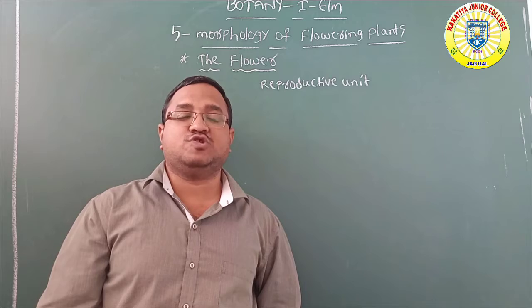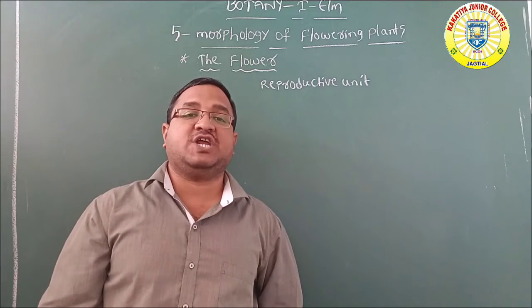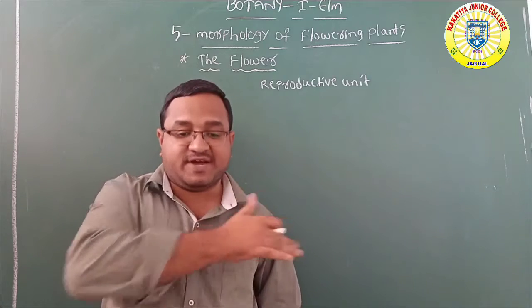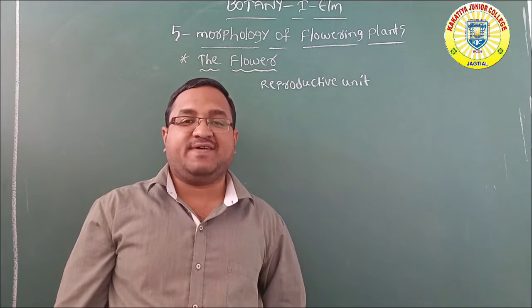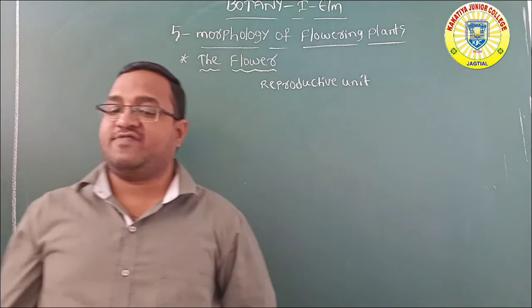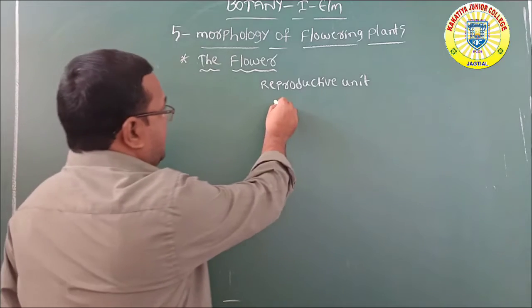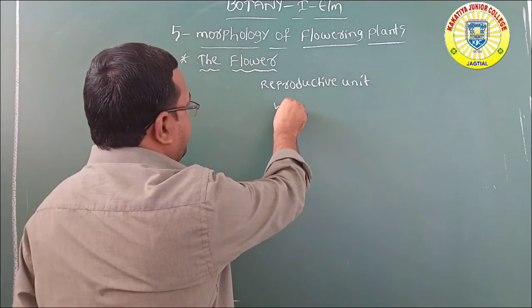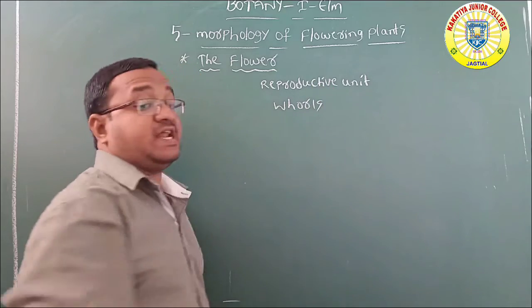Sexual reproduction is carried out through the flowers only. The flower has four different kinds of whorls, meaning circles.